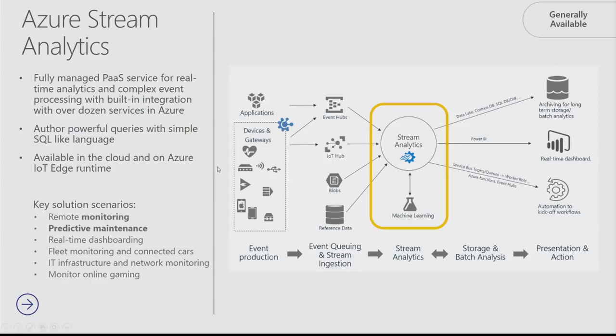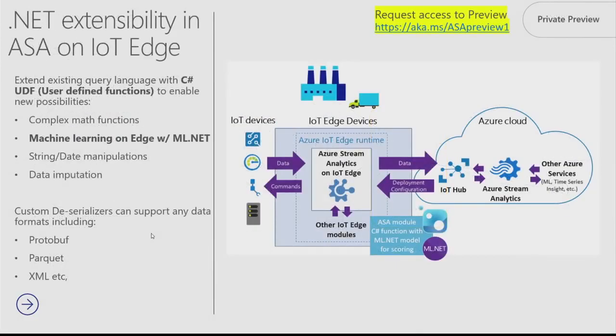A very typical thing would be predictive maintenance, where in real time you could be predicting what's going on in the devices, if there's any issue. And then the other possibility, and this is new, this is in private preview right now, but you can request access at that URL above.